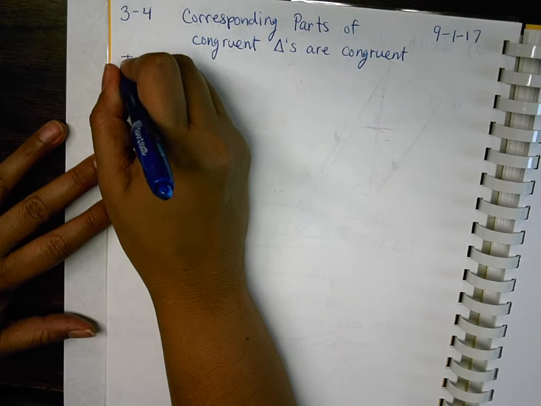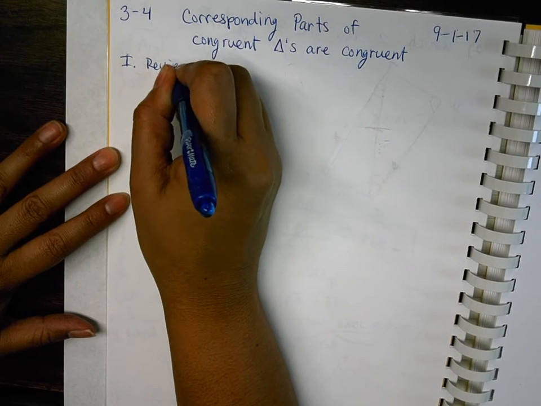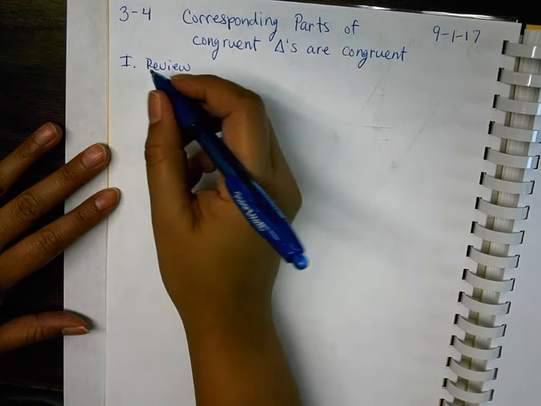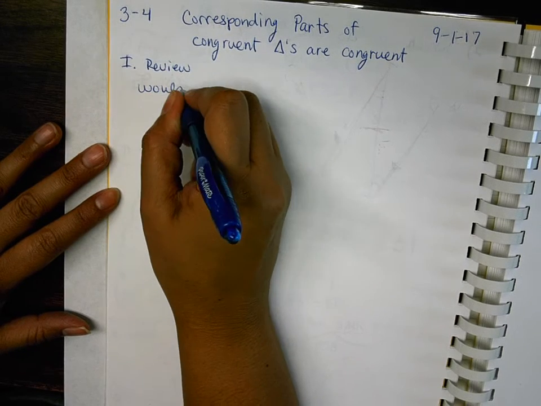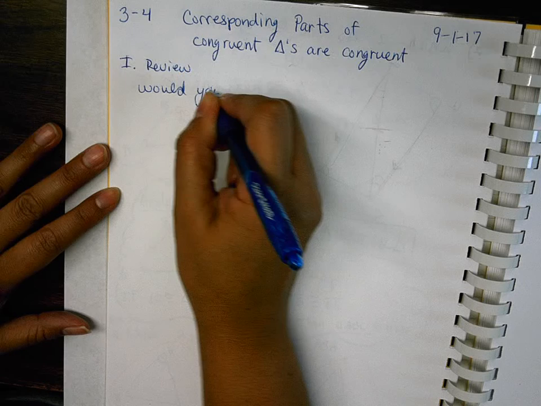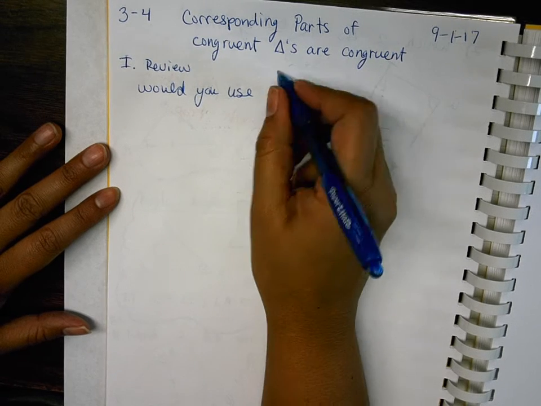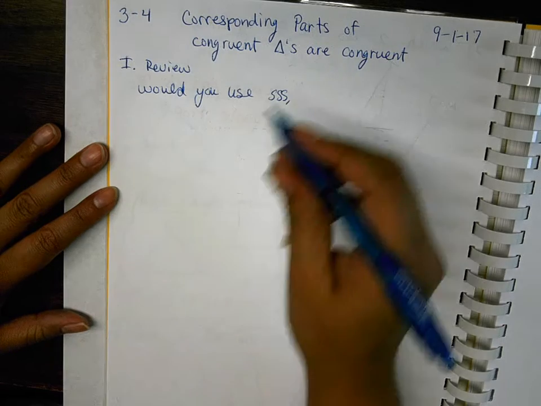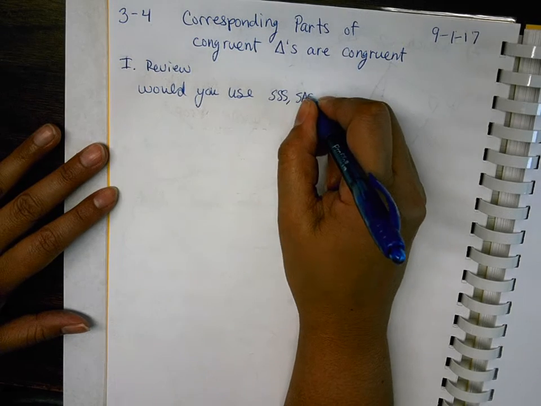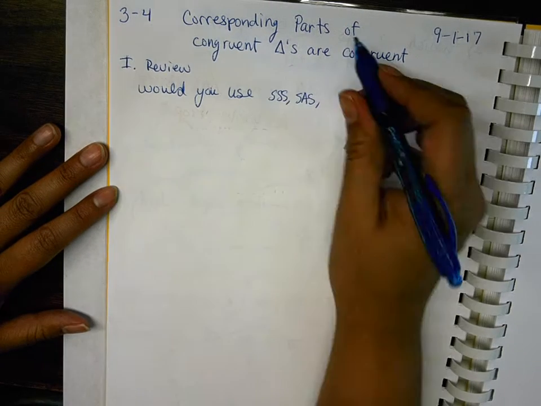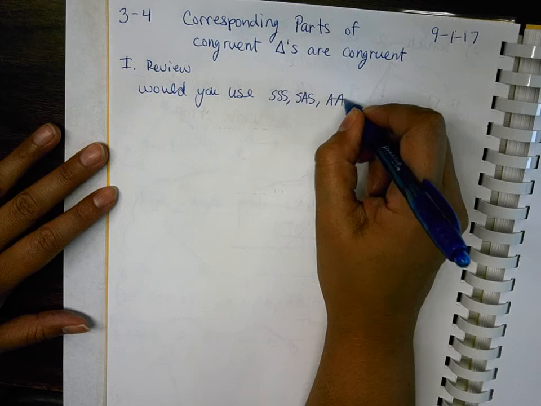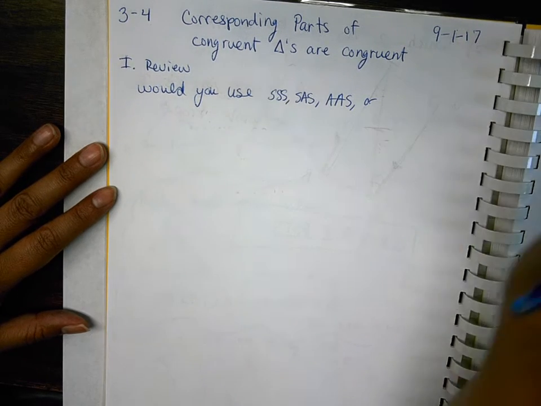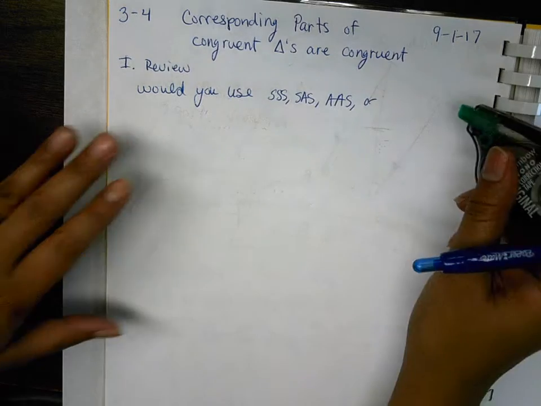Part 1, review. Would you use SSS? What does SSS stand for? Good. SAS for side, angle, side, or, nope, I'm not going to put the or just yet.